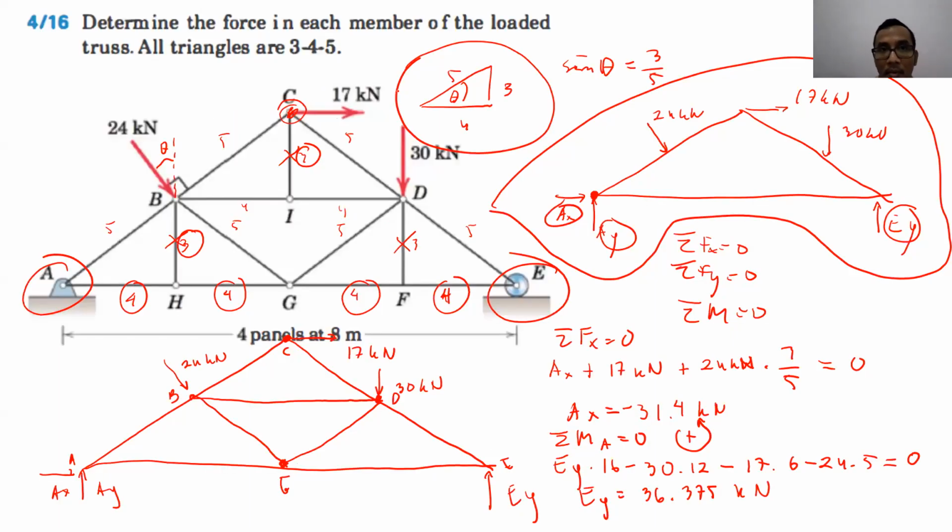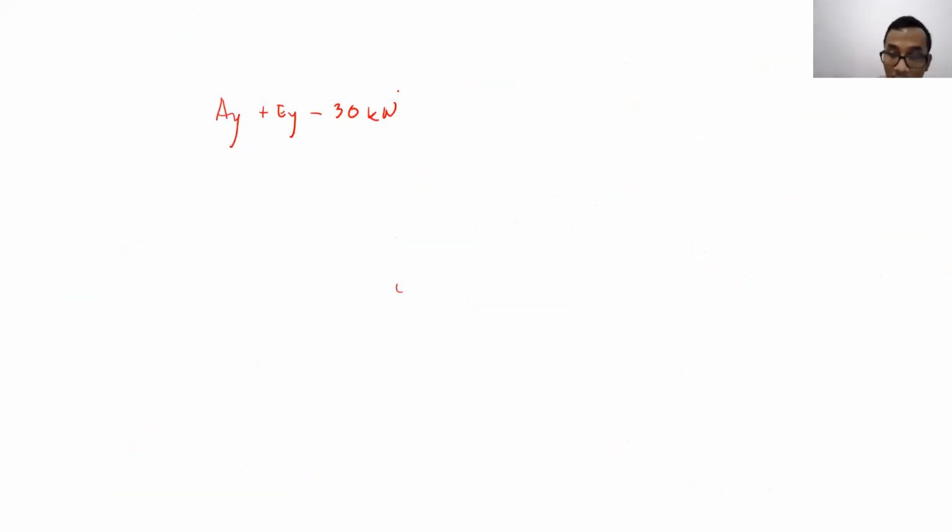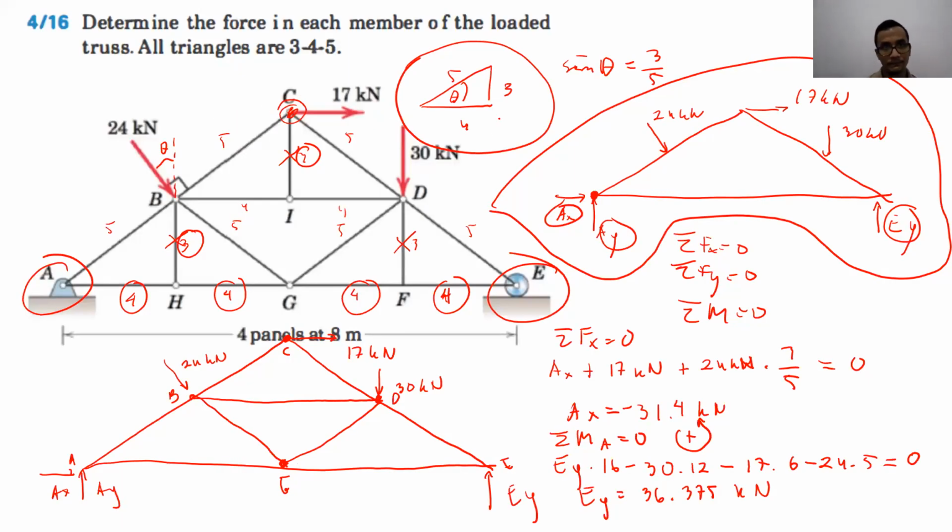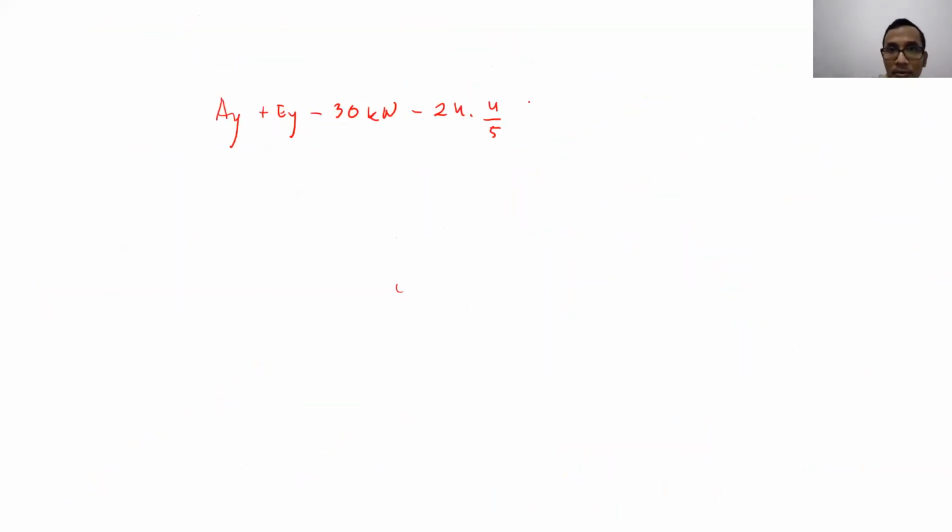And the 24. 24 sin theta or cos theta? Cos theta, correct. So the value of cos theta is supposed to be 4/5. Then it's supposed to be minus, right? Minus 24 times 4/5. Okay, that's it, right? Equal to 0.